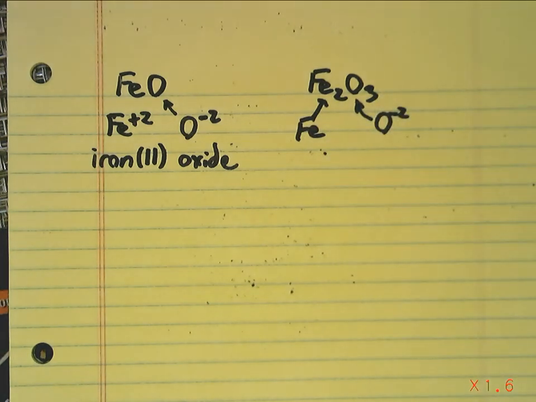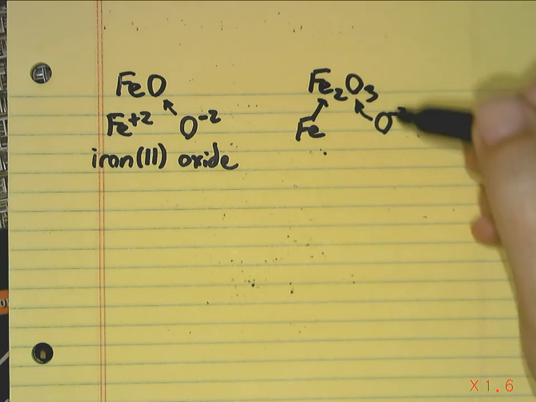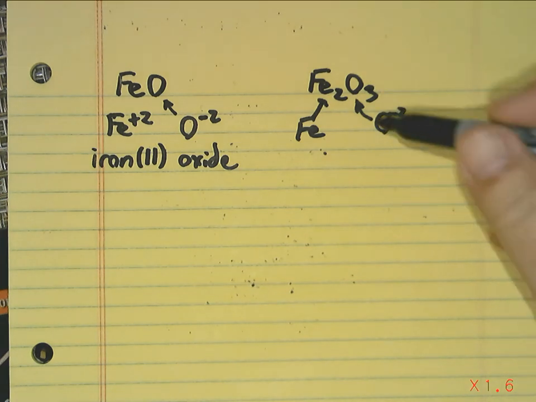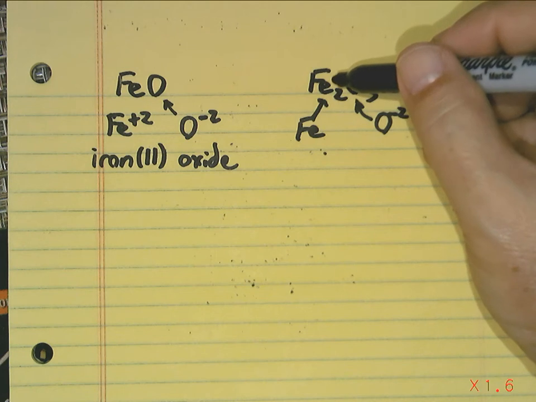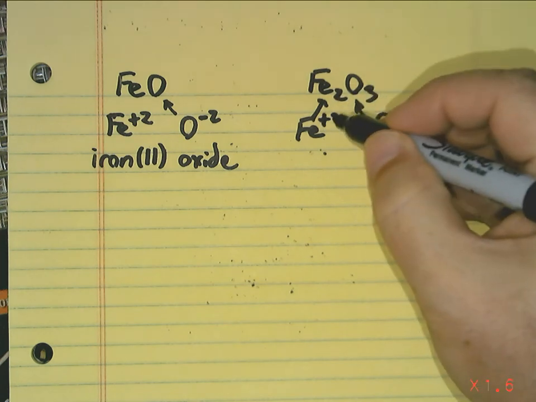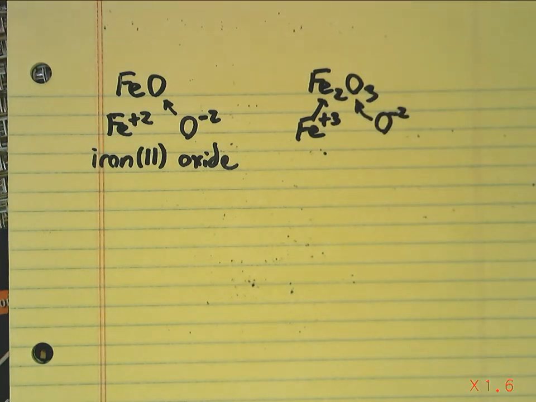We've done this one or one very similar to it before in the videos. If you've got 3 of these oxygens and each one's a -2, you have a total -6. That means that you need to have a total +6 for both of these irons together. And if you give a +3 to each one, that works out.